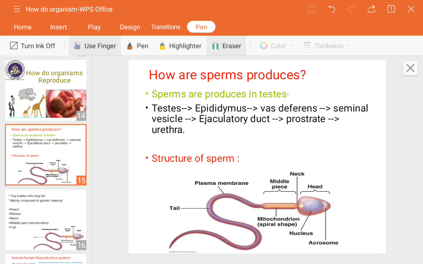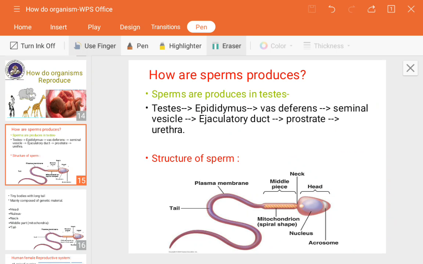With the help of that, it will be passed through the ejaculatory duct. The ejaculatory duct can move the sperm towards the prostate gland. Later from the prostate gland, it will pass through the urethra. So this was how the sperm can be transferred from one part to another part.